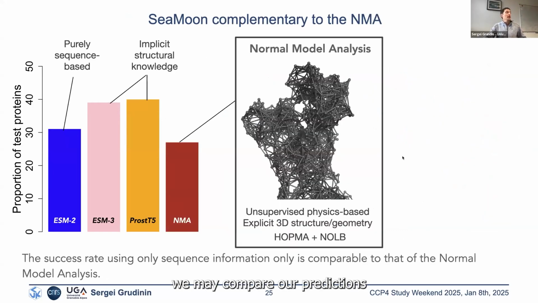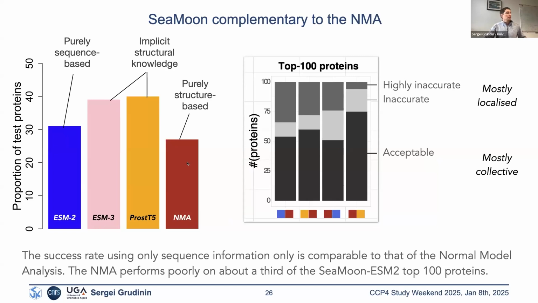Also, we may compare our predictions with the prediction from the normal mode analysis, and the normal mode analysis is the worst among the four compared models. We can also see that, in principle, the normal mode analysis is complementary to the sequence-only ESM2 model.